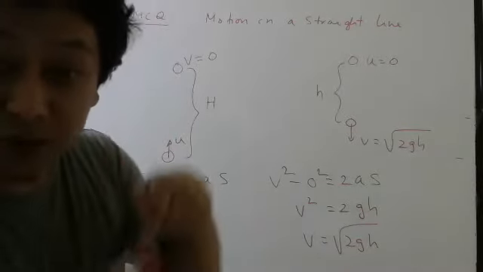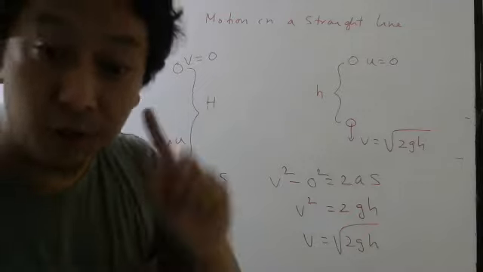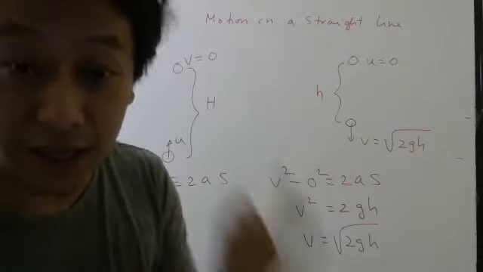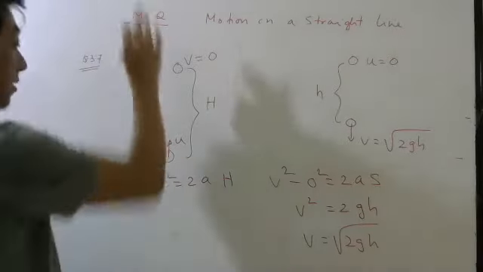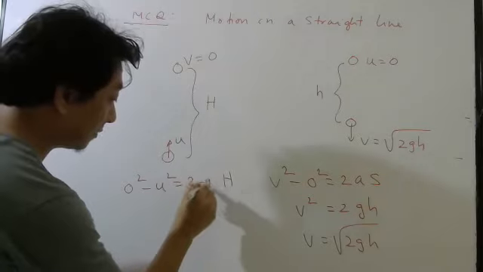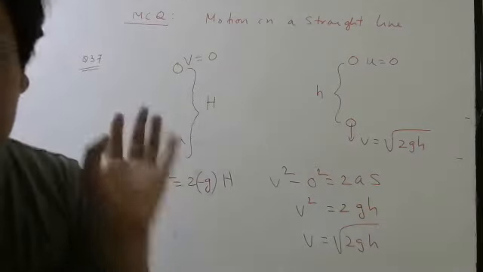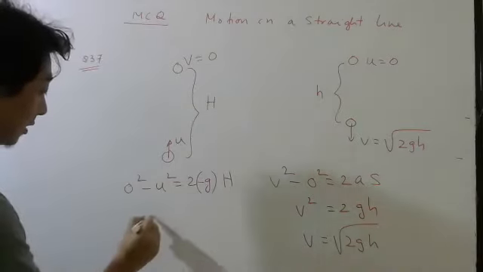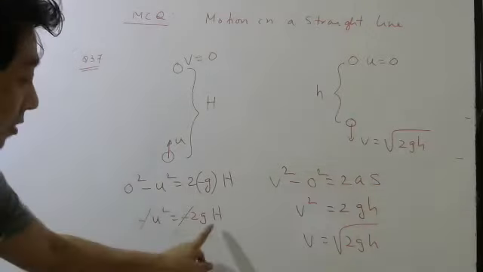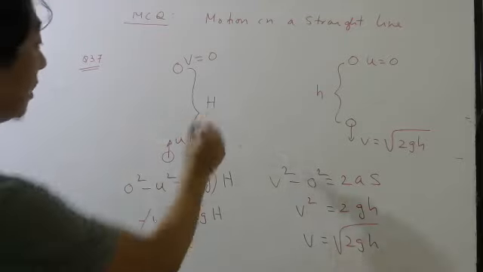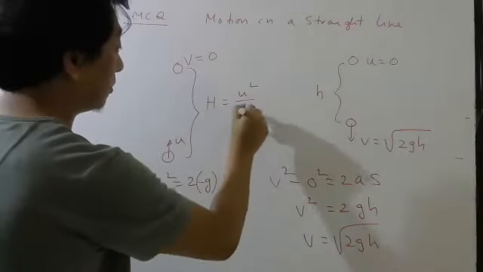So now both are not in the same direction. If one is positive, the other will be negative. You can take displacement up as positive, then acceleration will be negative. That is your wish. Then minus u square equals minus 2gh. Minus minus cancel. If you cross multiply, you get maximum height u square by 2g.